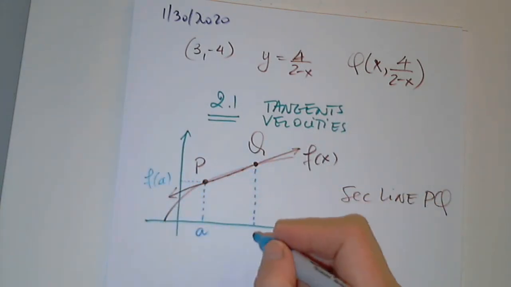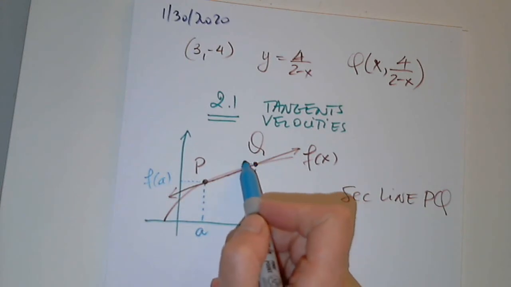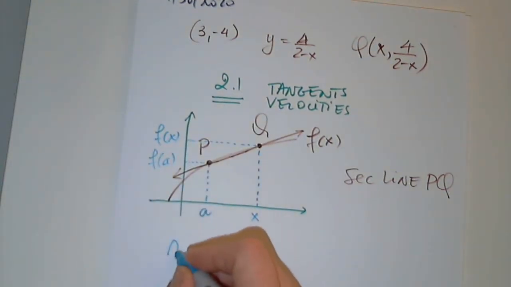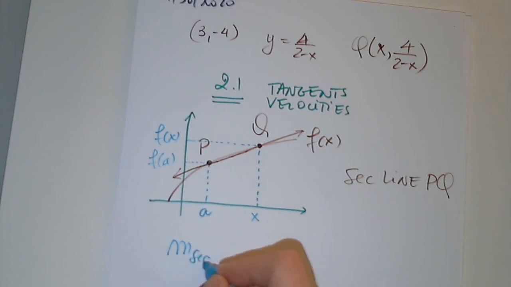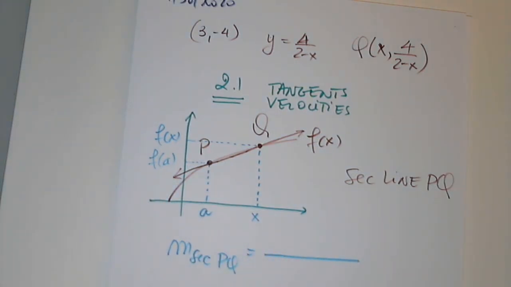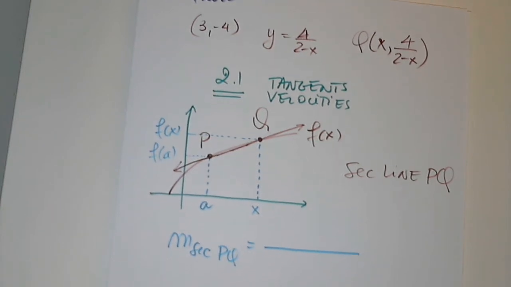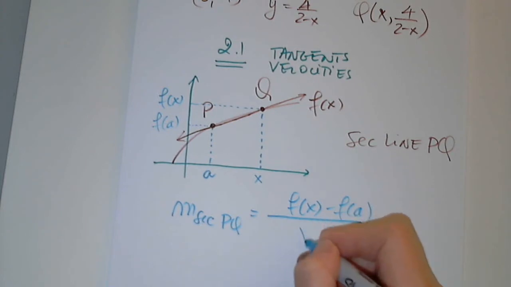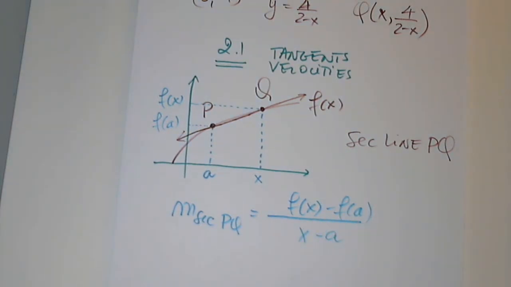I'm going to put here x, and I'm going to ask you to give me the y-coordinate of Q. Perfect. And then I'm going to ask you to give me the slope of the secant line PQ. Slope is f of x minus f of a over x minus a. Do we all agree with this? Excellent. Perfect.